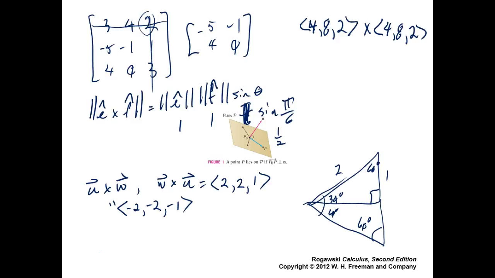The cross product of parallel vectors, or in the same line, 0. Cross product of perpendicular vectors, maximum. Yeah, they are exactly opposite of each other. Cross product is sine, dot product is cosine. So one is 1, the other is 0; one is 0, the other is 1.